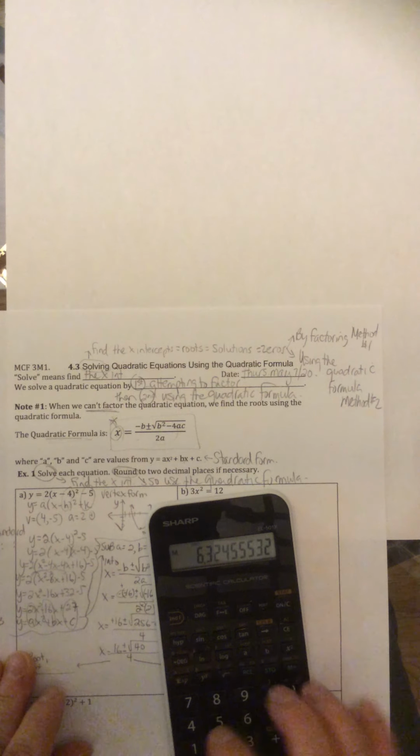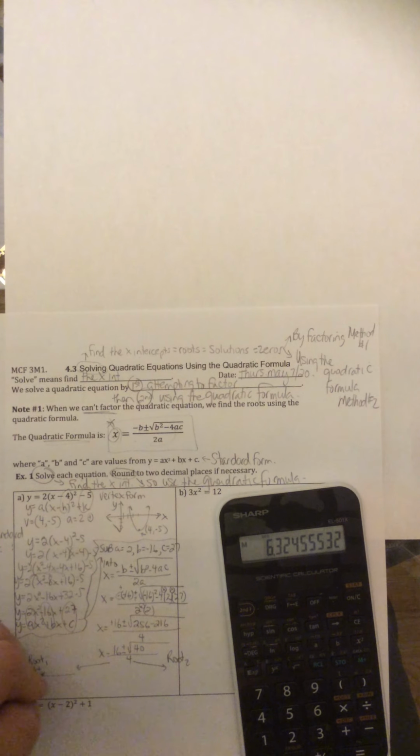Root 1, root 2. Okay, so root 1 is x equals 16 plus whatever the square root of 40 is. So the square root of 40 is 6.3245 blah blah blah, divided by 4.